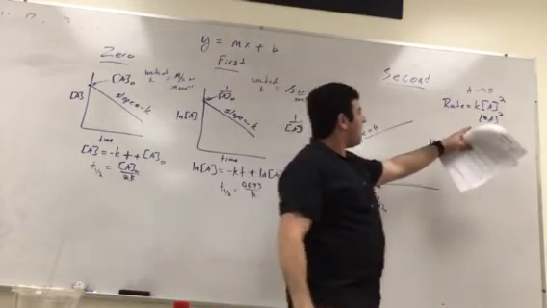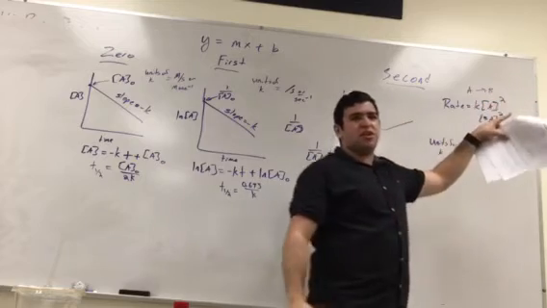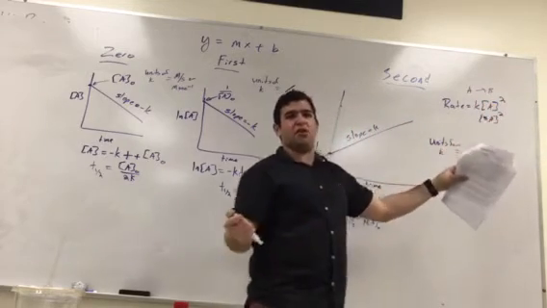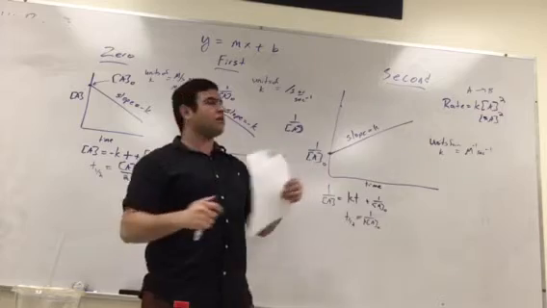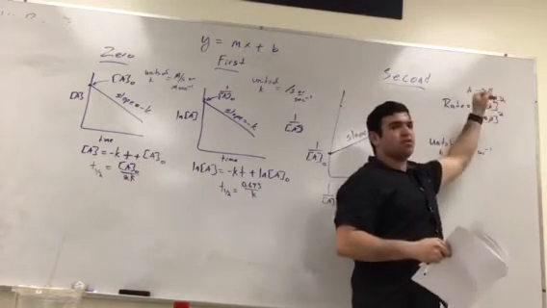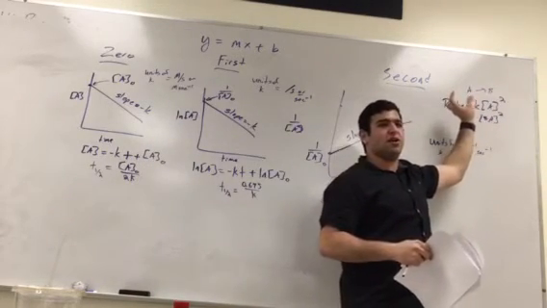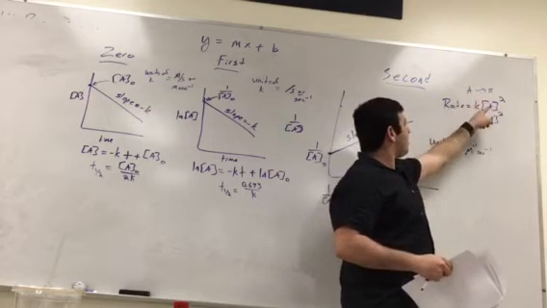If I ask you what is the order of B, it'll be zero order because it's not even involved. It's in the product. So we're only focusing on the reactants right now, right?